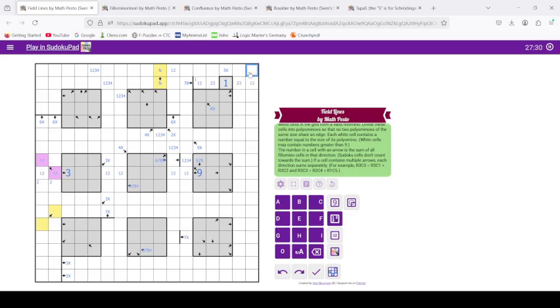Is this 5 in all cases? Hmm. These are both 2.